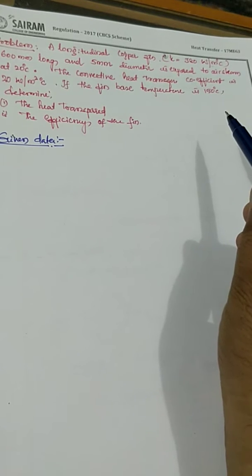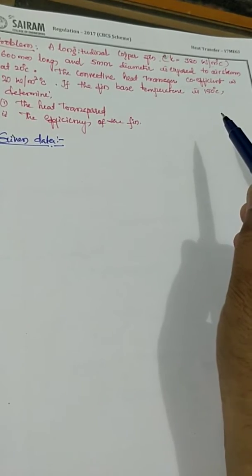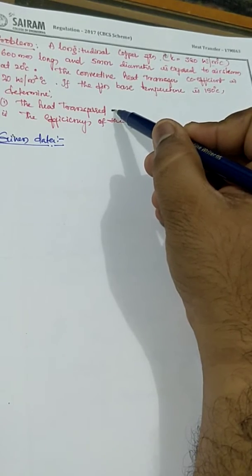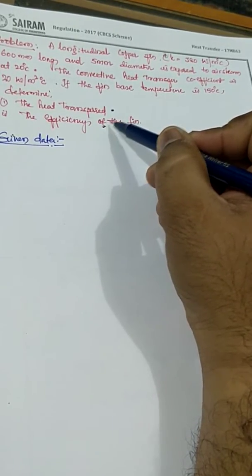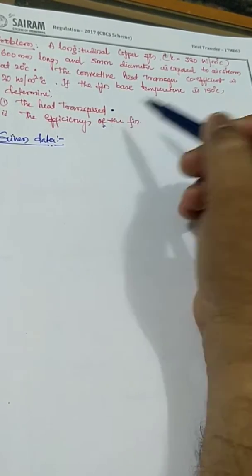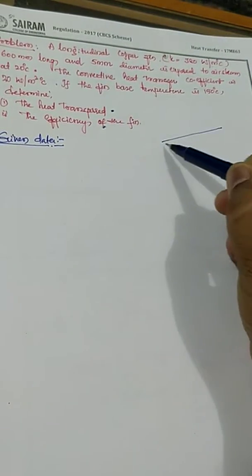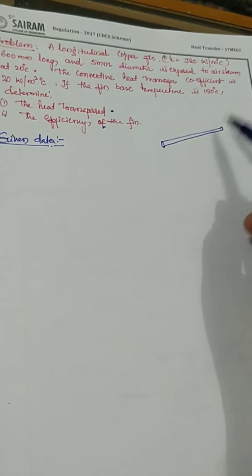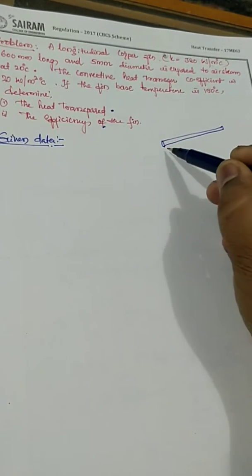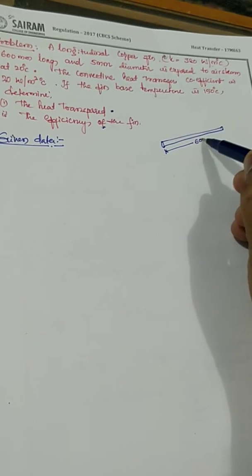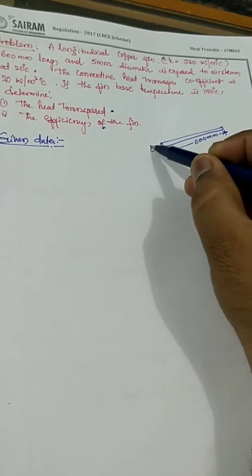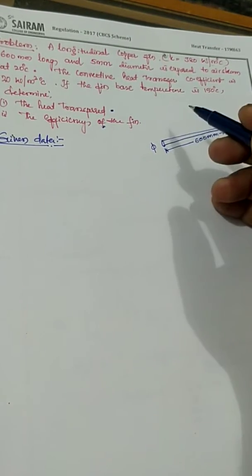Students, here they have given very clearly what we have to find out. First one is the heat transferred across the fin and what will be the efficiency of the fin. They have given a longitudinal copper fin, and its length is 600 mm, and diameter is 5 mm.